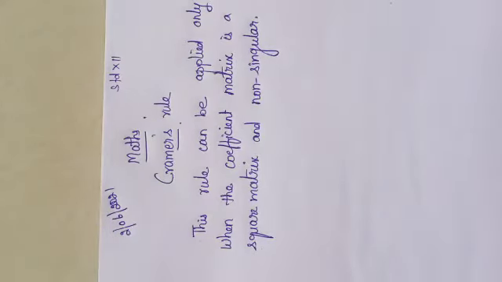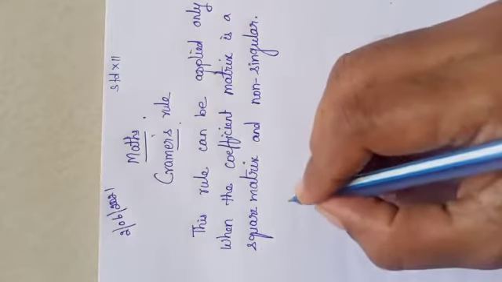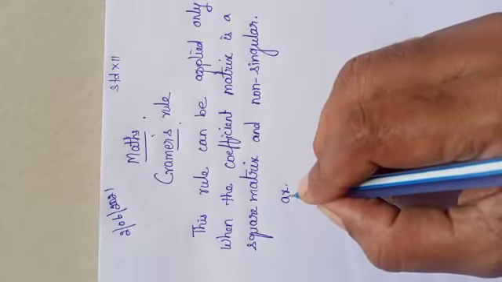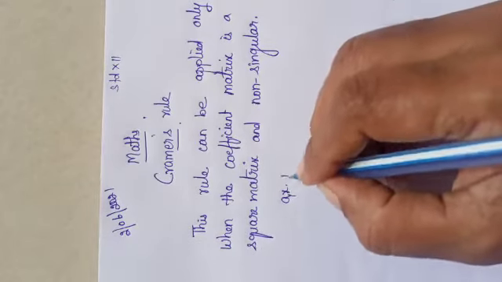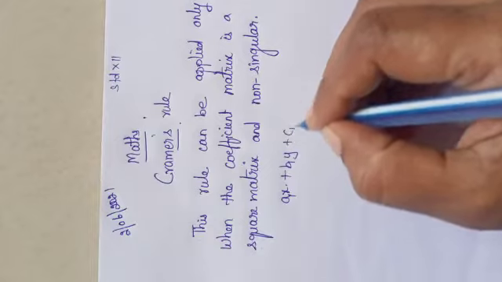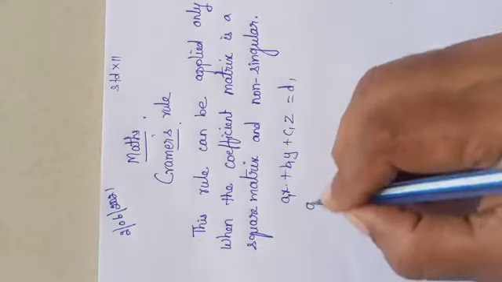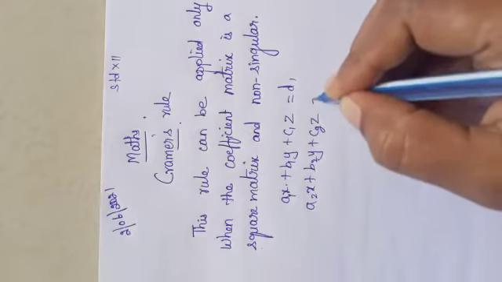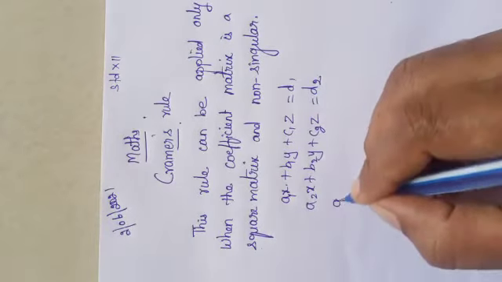Now, we will find out how to do this. I am taking three equations. A1x plus B1y plus C1z is equal to D1. A2x plus B2y plus C2z is equal to D2.